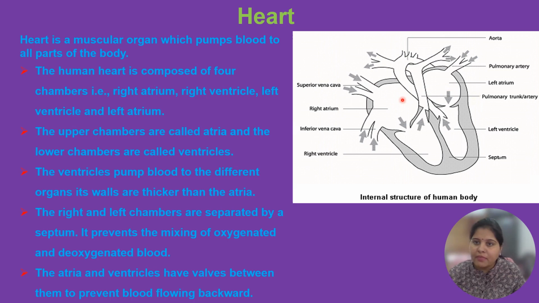So the human heart is composed of four chambers: right atrium, right ventricle, left atrium and left ventricle. The upper chambers are called atria and the lower chambers are called ventricles.